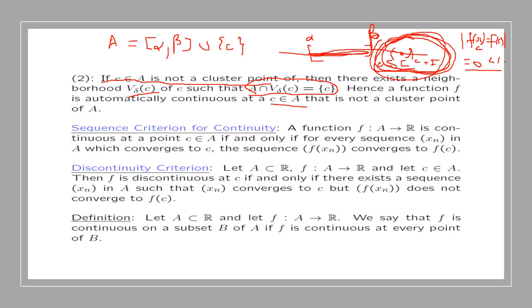Now, we have the following two theorems. One is called the sequence criterion for continuity. The other one is called the discontinuity criterion.